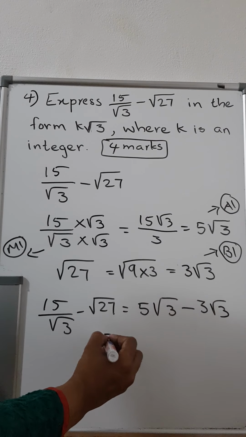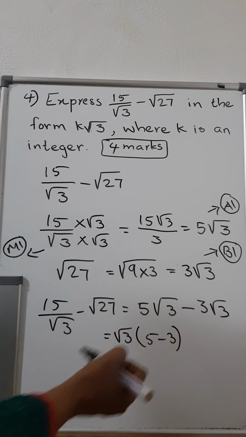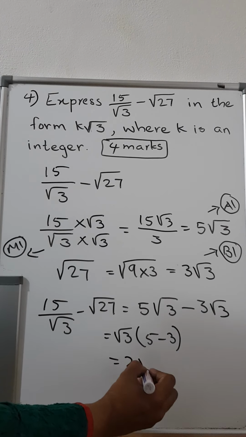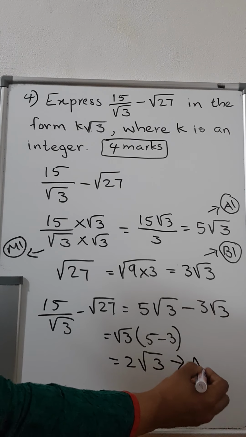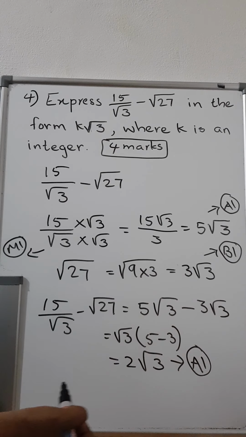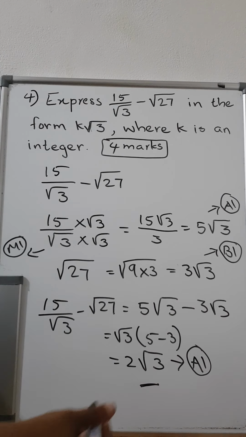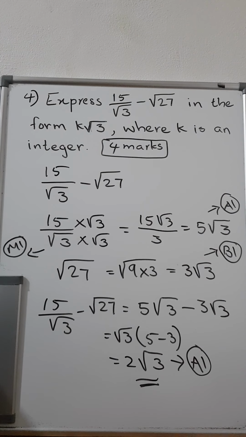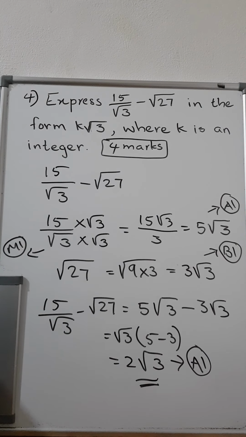See, root 3 is common, take out 5 minus 3. 5 minus 3 is 2, so root 3 times 2, that is 2 root 3. For getting this answer, 1 accuracy mark. See, we have written the expression in the form k root 3, where k is an integer. K is what? K is 2. That's an integer, we know.